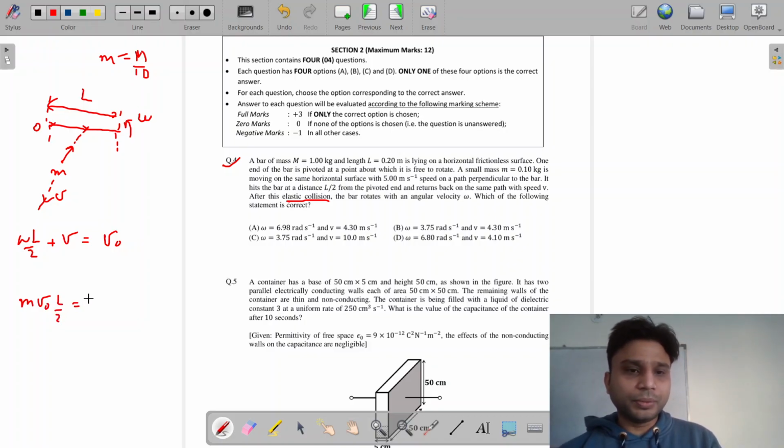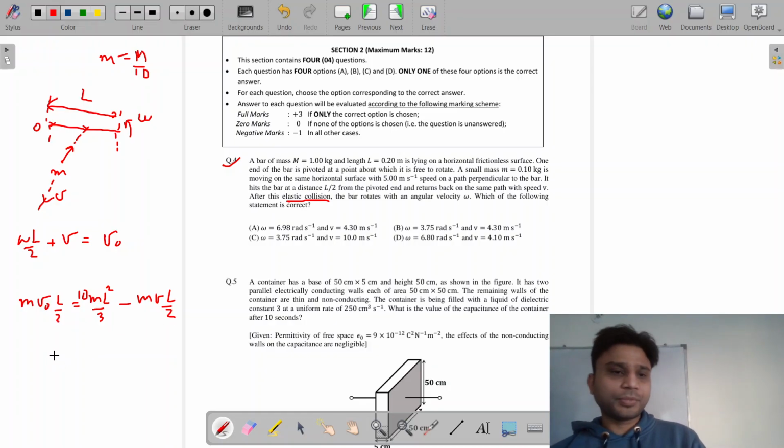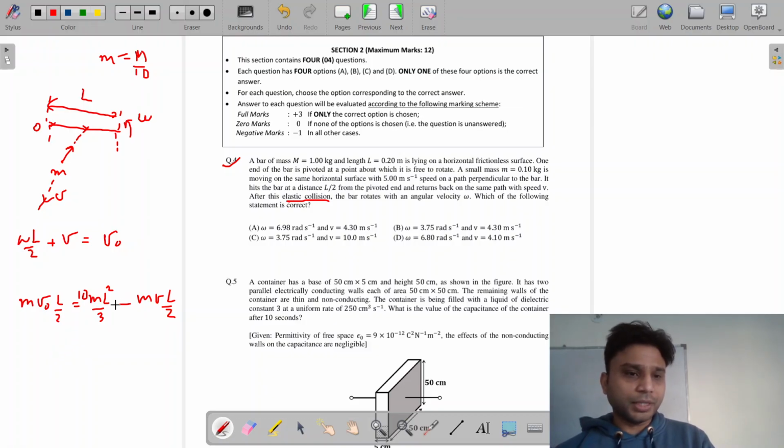This will be equal to the angular momentum of the bar, that is m L square by 3, and this would actually be 10m because the mass of the bar is 10 times that of the mass m, and then minus m v L by 2. This is the equation which is relevant for us. And we have to multiply omega as well.